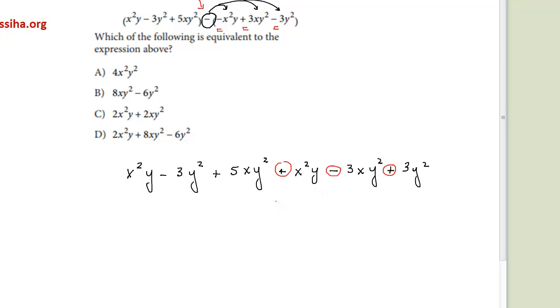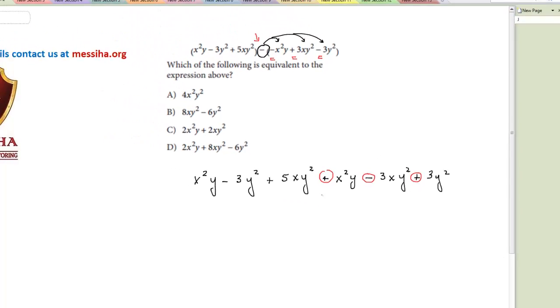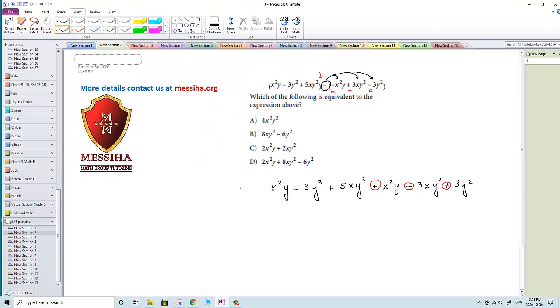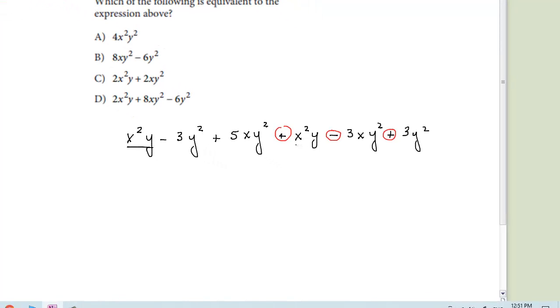Now it's time to combine the like terms. That means I have to see for each term if there is a like term. So x squared y, do I have another x squared y? Yes, actually I have x squared y here. So 1x squared y plus 1x squared y gives me 2x squared y.